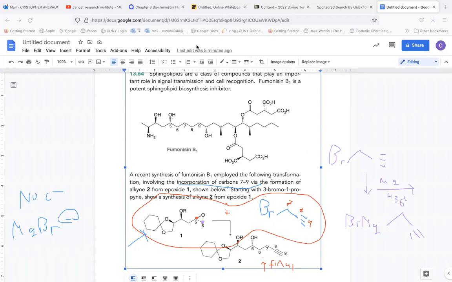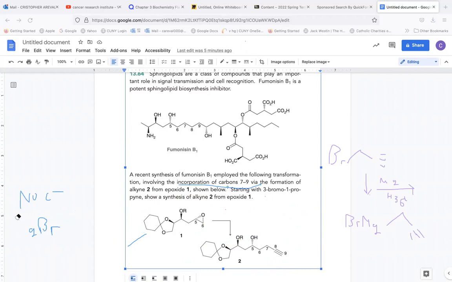We found the answer basically, right? We have to do a Grignard. So now we need to put it here. So we erase all this. It's asking basically this. I just copy what I put here, the Grignard reagent, but obviously more formal.